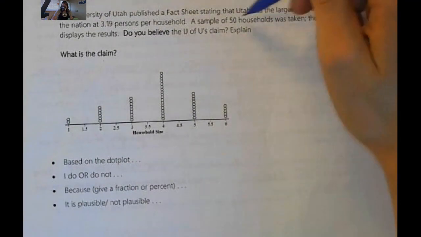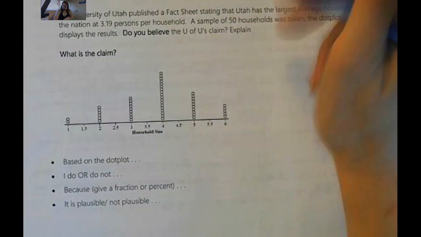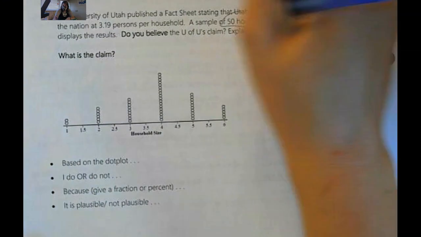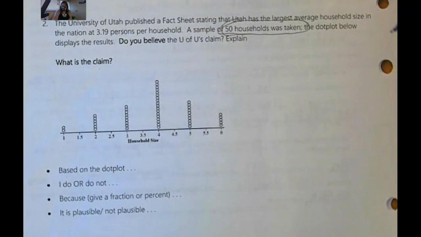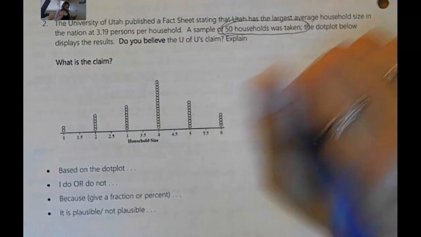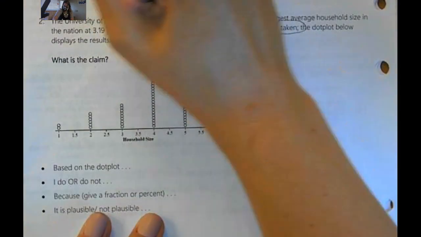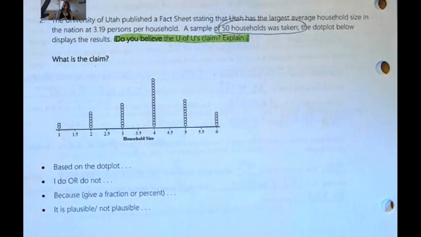A sample of 50 households was taken, so hallelujah that we don't have to count up all those dots. And the dot plot below displays the results. Do you believe the U of U's claim? So one thing that we want to be careful about is that we specifically address that. They want us to answer this as, do we believe the claim?